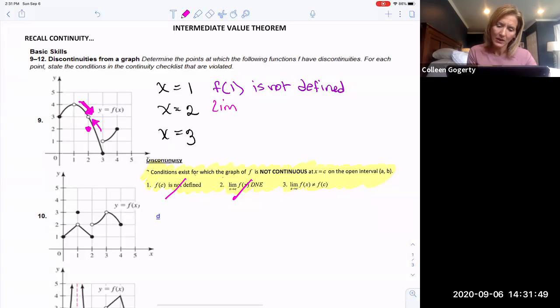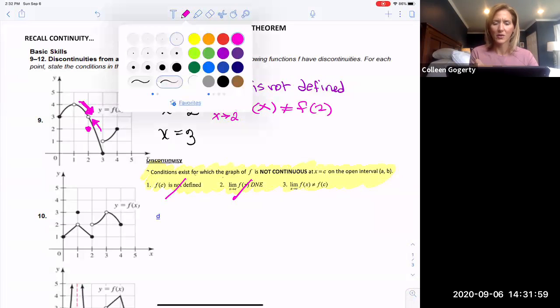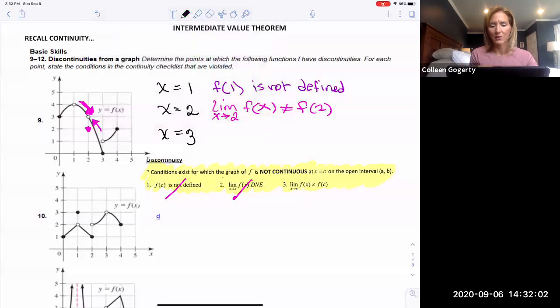Well, the limit as x approaches 2 does not equal f of 2. Okay, so let's look a little closer at that. What does that mean? Well, the limit as x approaches 2 of f of x was 3, but f of 2 is defined at a different value.